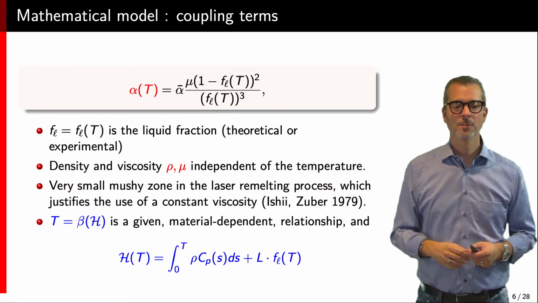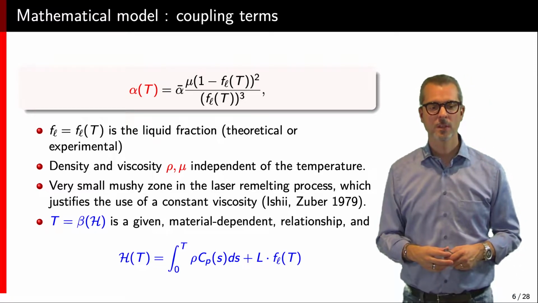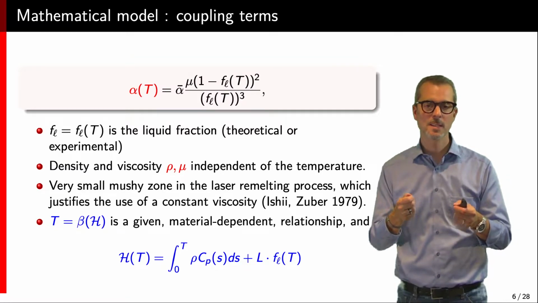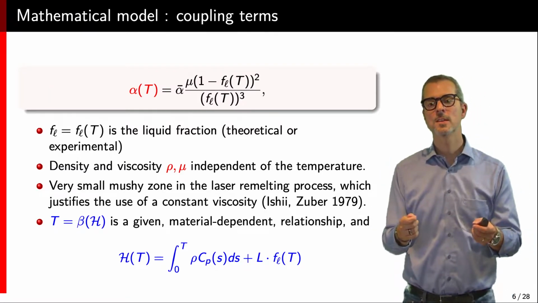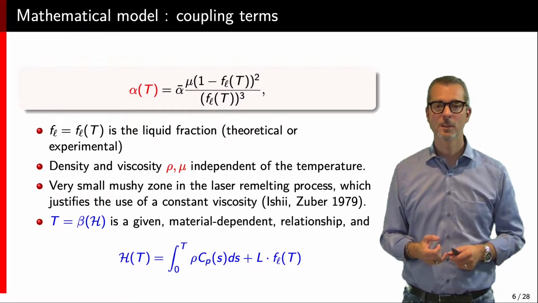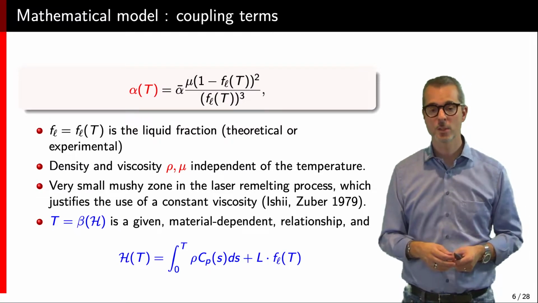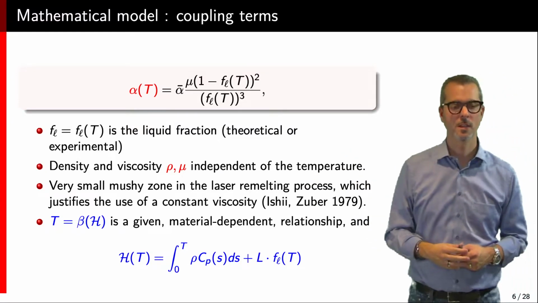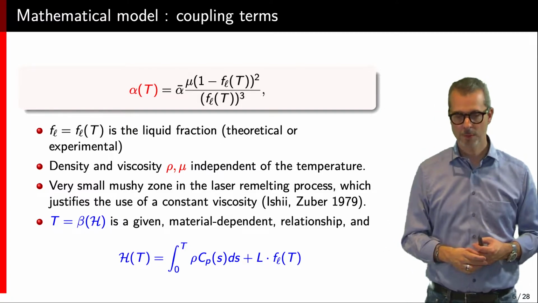Talking about alpha, alpha actually looks like this. And it penalizes the velocity, so that the velocity is equal to 0 in the part of the domain where the metal is solidified. We are going to assume that the density and the viscosity are independent of the temperature.